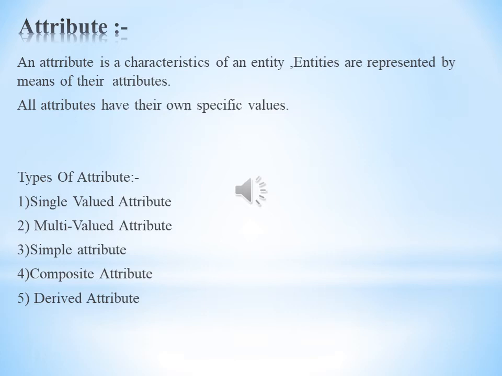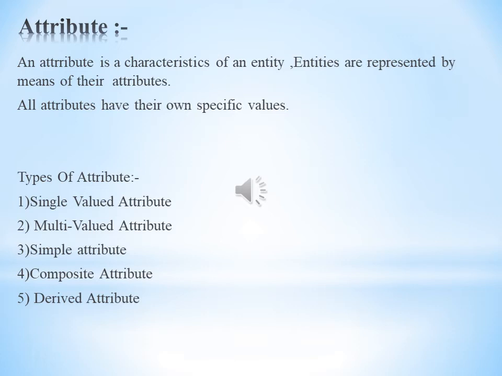In our database management systems, attributes are database components such as the fields and columns of a table. For example, the entity student has attributes like student ID and student name.